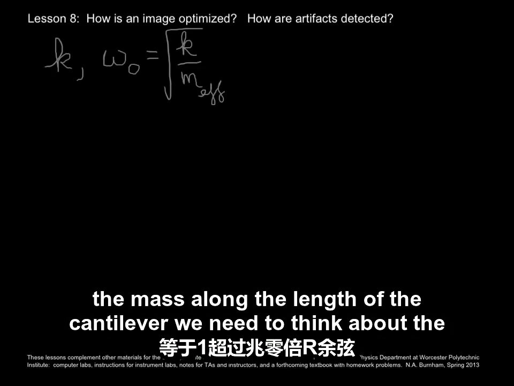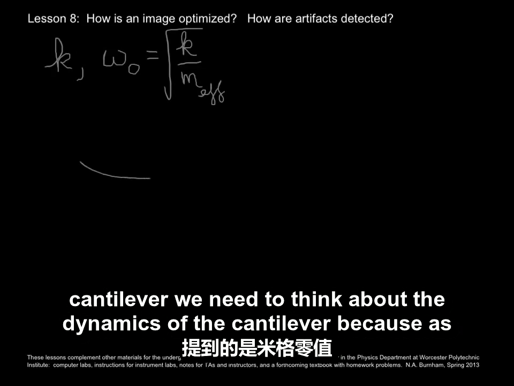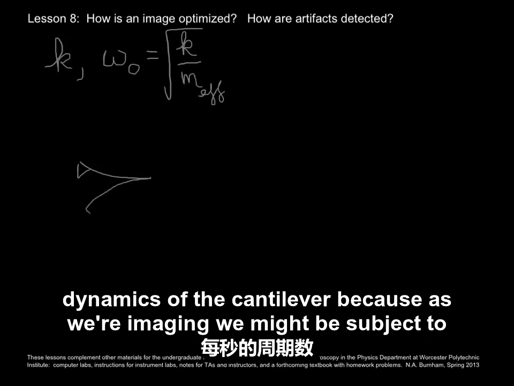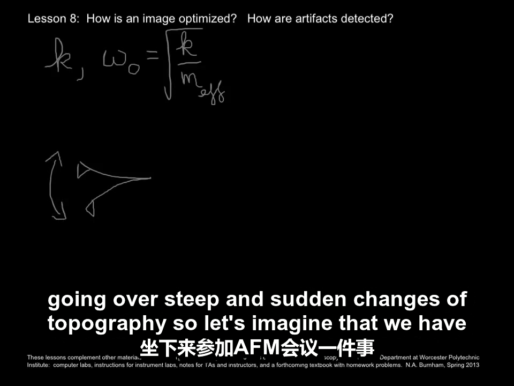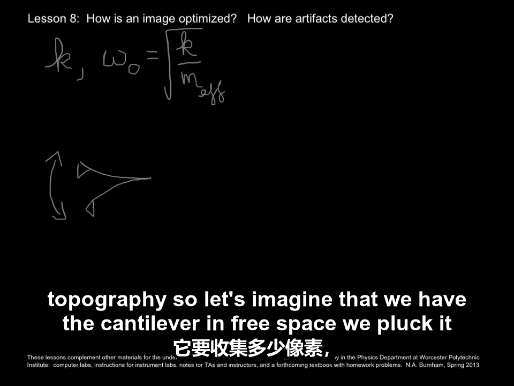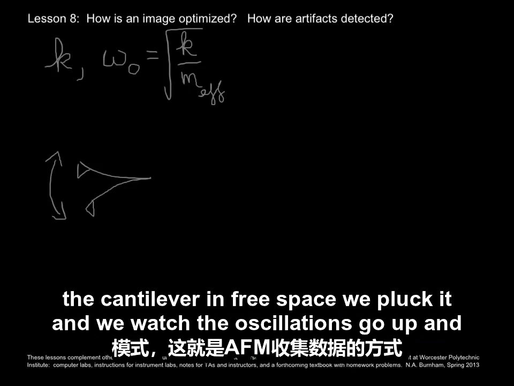We need to think about the dynamics of the cantilever because as we're imaging, we might be subject to going over steep and sudden changes of topography. So let's imagine that we have the cantilever in free space. We pluck it and we watch the oscillations go up and down.